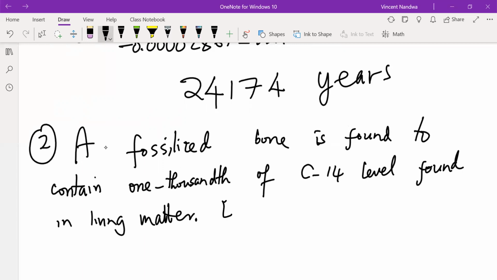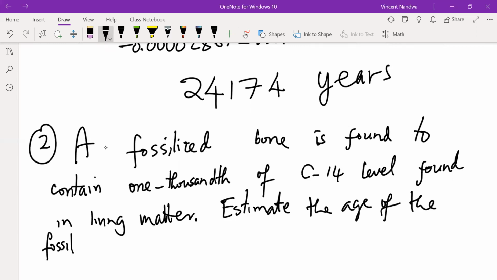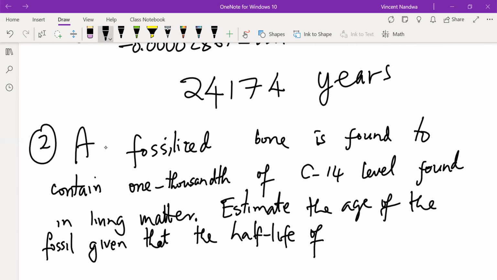So estimate the age of the fossil, given that the half-life of carbon-14 is 5,600 years.